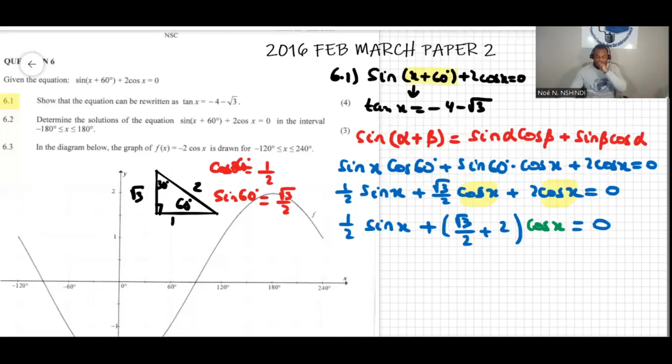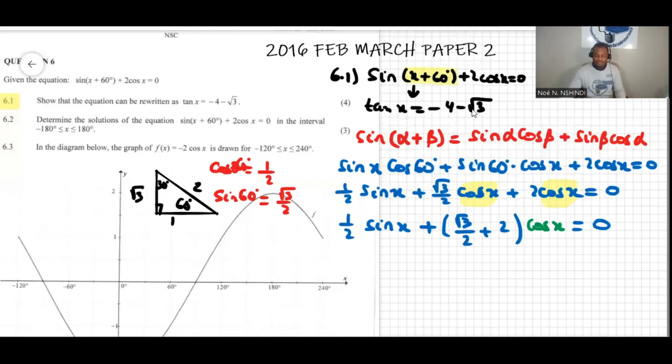I take cos x as a common factor here. Now I can move the 1/2 sin x to the other side of the equation. If I want to get rid of the denominator of 2, I can multiply the whole equation.